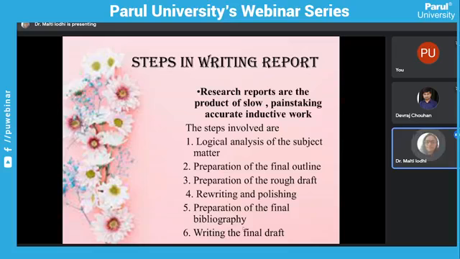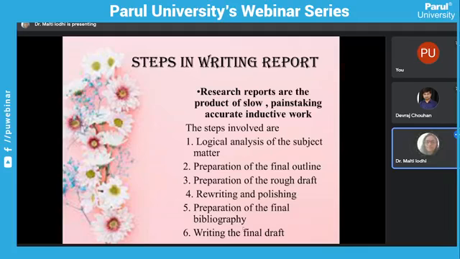But sometimes it happens that things can be removed. So finally, you have to mention everything which is essential and important, and then you have to rewrite that rough draft again, or polish it. Polish it means what?